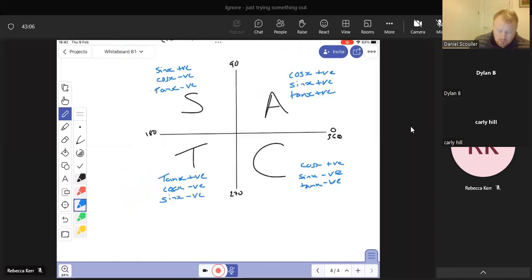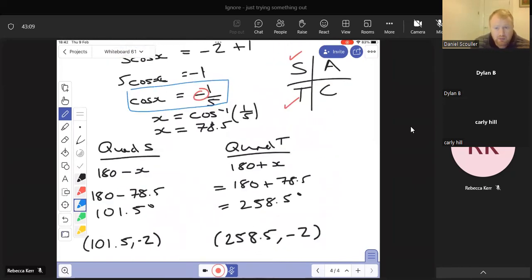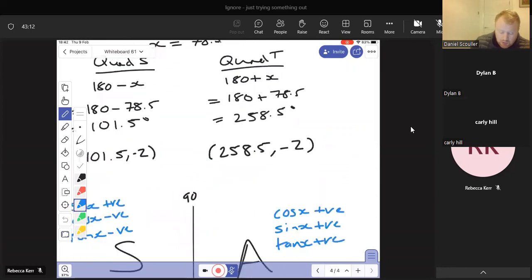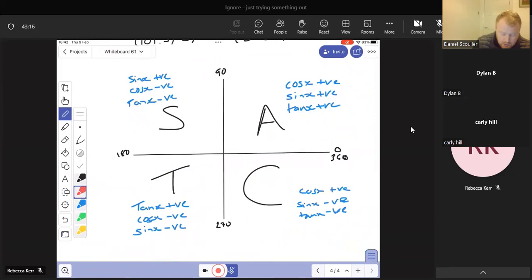So because that was cos x equals a negative, I'm going to my quadrants where cos x is negative. So cos x is negative between 90 and 180, and cos x is negative between 180 and 270. So that's where my answers are going to be.